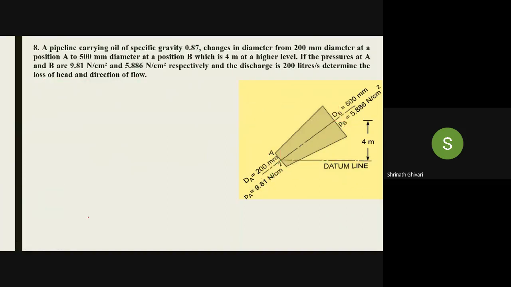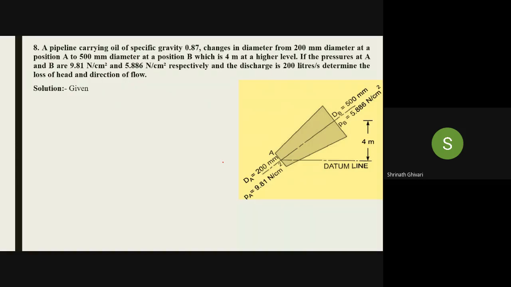Now, specific gravity 0.87 is given, diameter dA equals 200 mm and dB equals 500 mm, which is at 4 meter, that is ZB. The pressure at A is PA equal to 9.81 Newton per centimeter square. Convert it into Newton per meter square. Anyone?